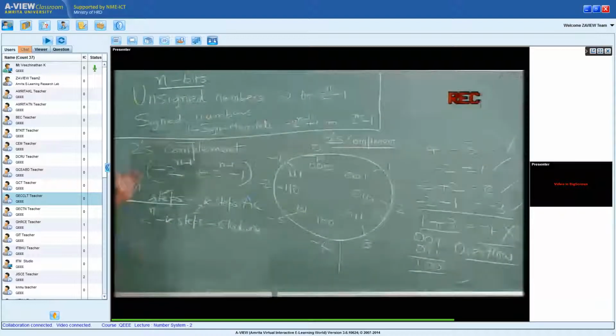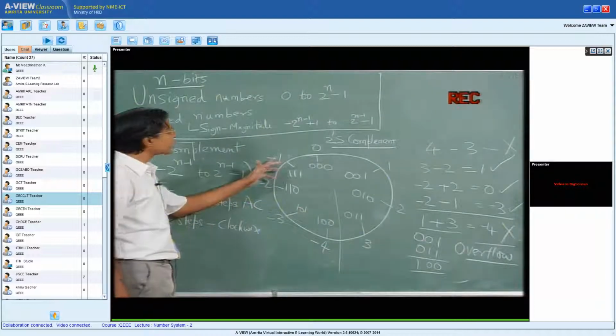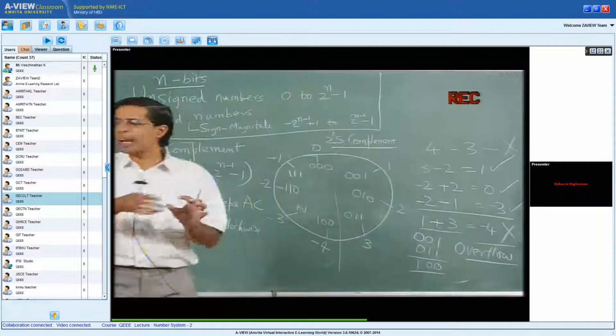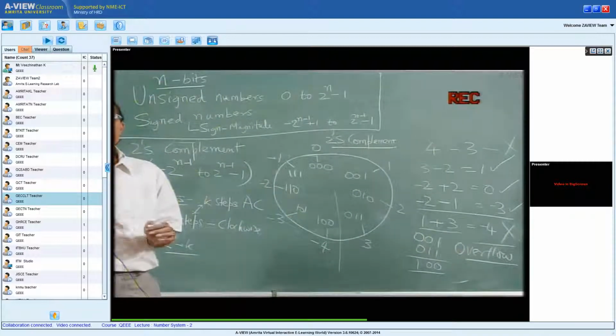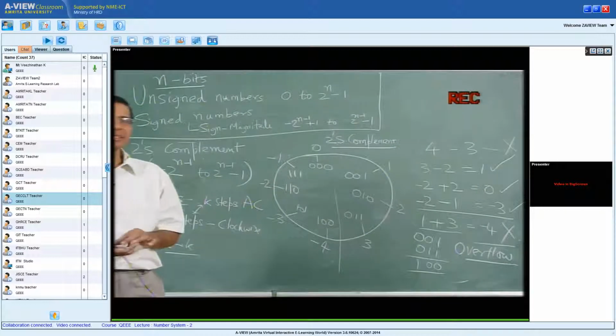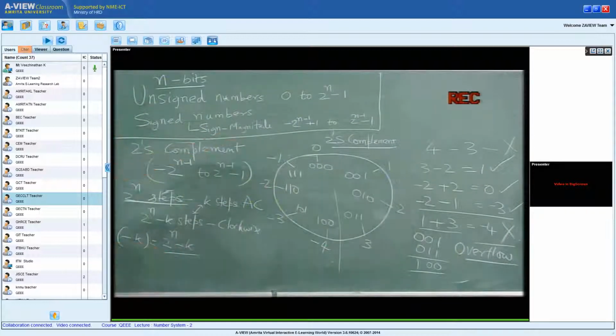And that is precisely what we are doing. I want to represent minus k as 2 power n minus k. If I represent minus k as 2 power n minus k, then subtracting k from a number can be modeled as adding 2 power n minus k to that number. That is what we have seen here.